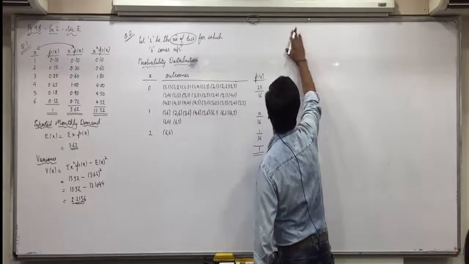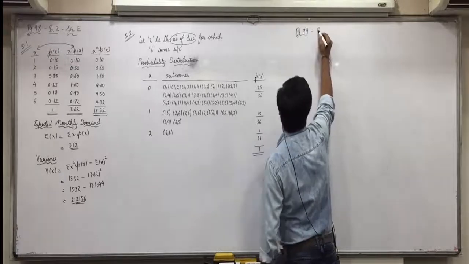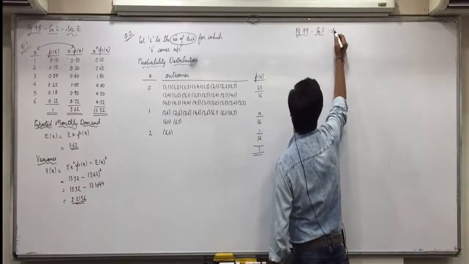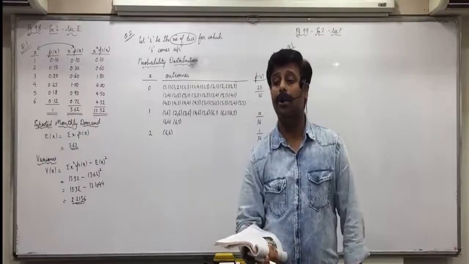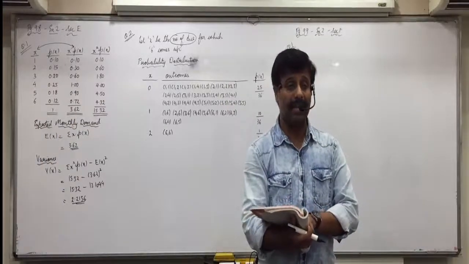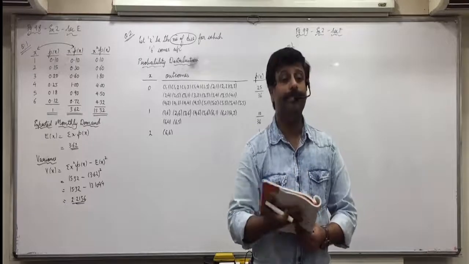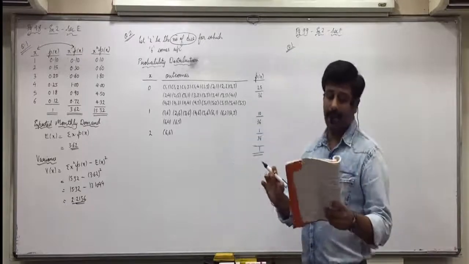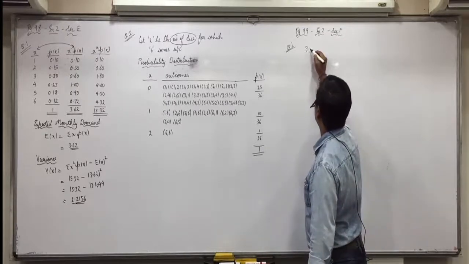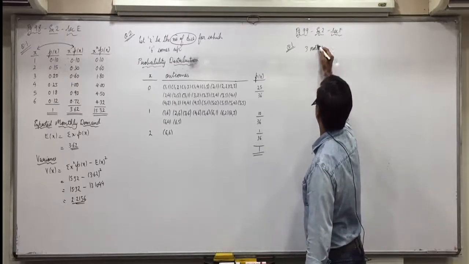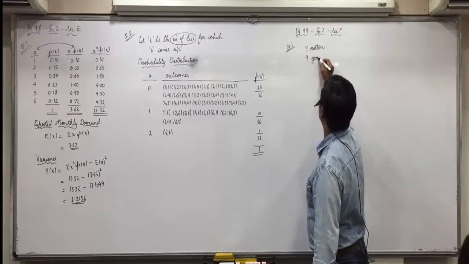Section F, next page, page number 99, exercise 2, section F. Yes, please maintain silence. Now this is practiced a lot in the last periods. There are 1 dozen mangoes in a box, of which 3 mangoes are rotten. 3 are rotten means 9 are good.